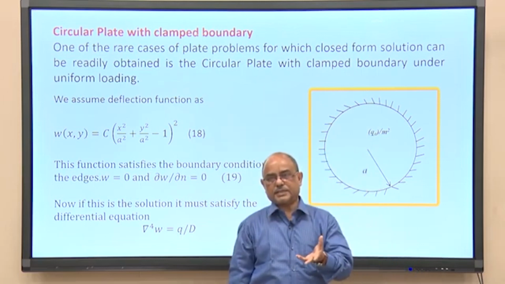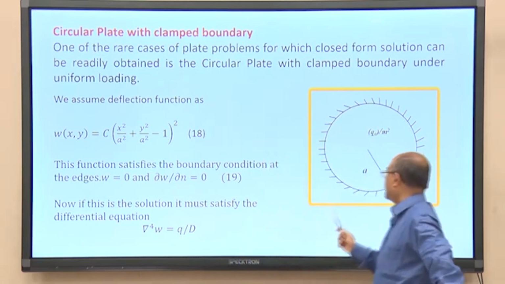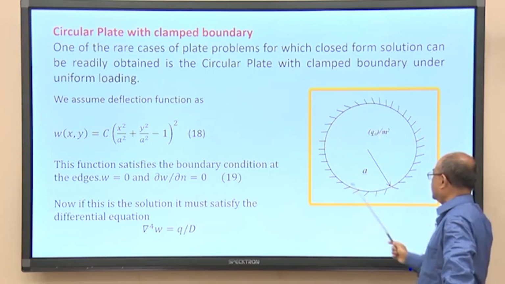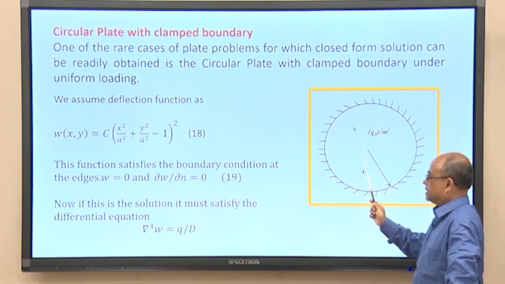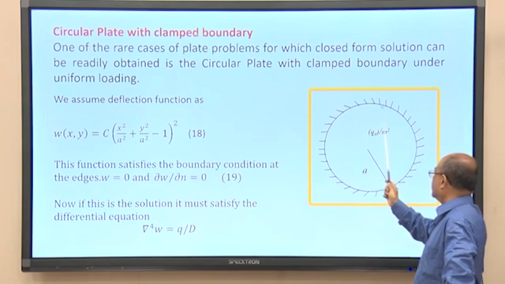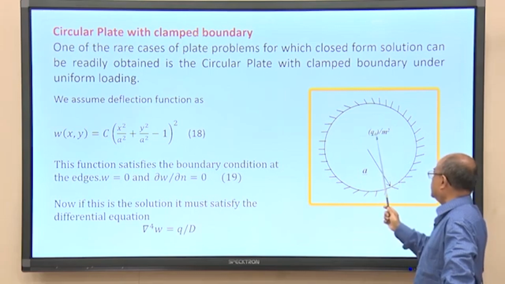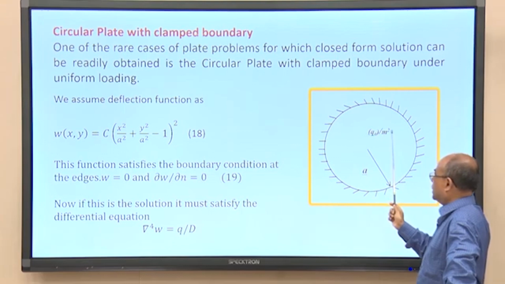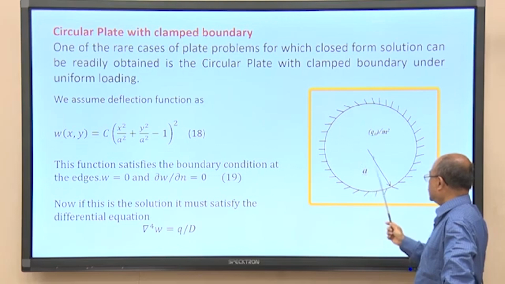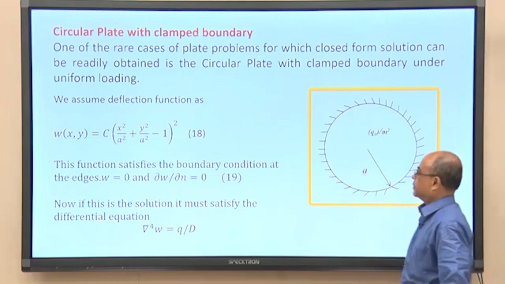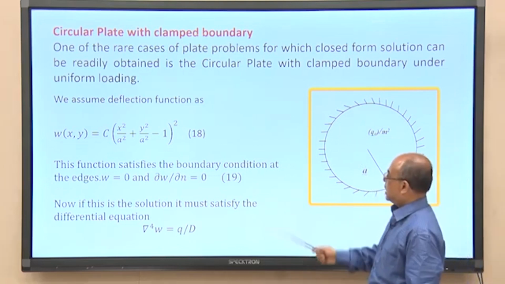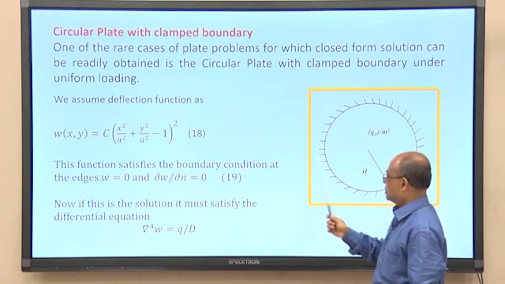One of the cases is when a circular plate is clamped along the edges and subjected to UDL throughout the plate. Q naught per unit area is the load intensity here, and a is the radius of the circle. Now, you can see how this problem can be solved.